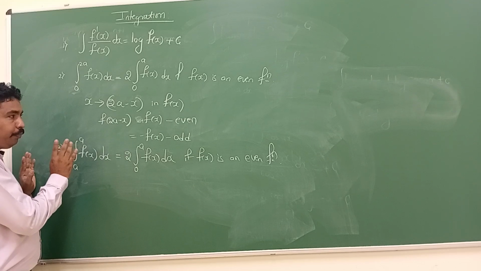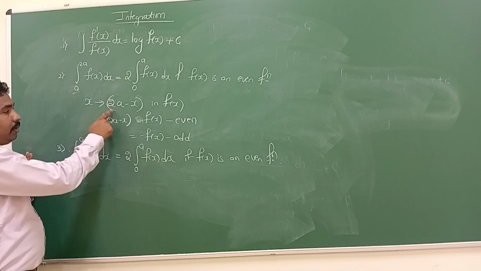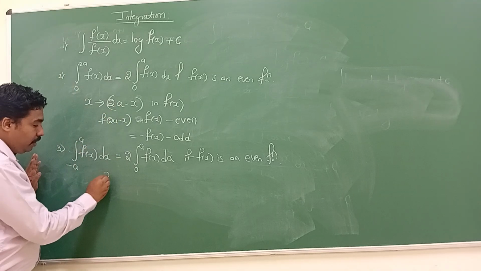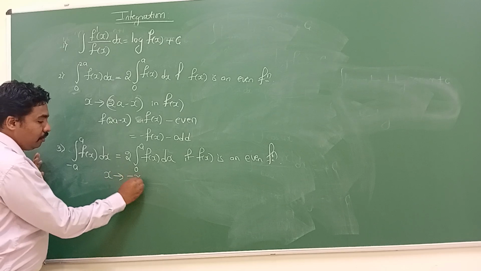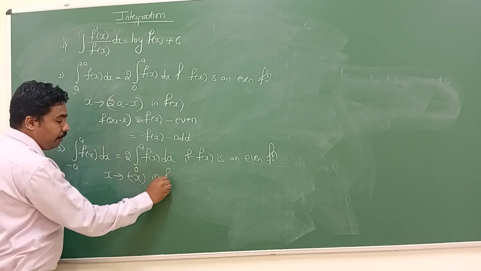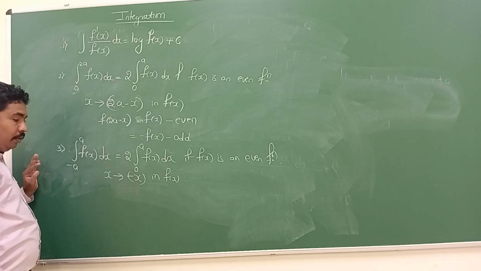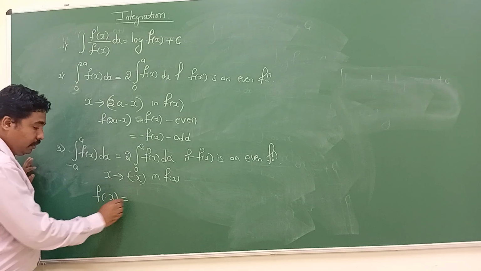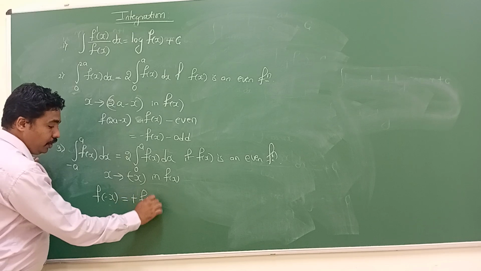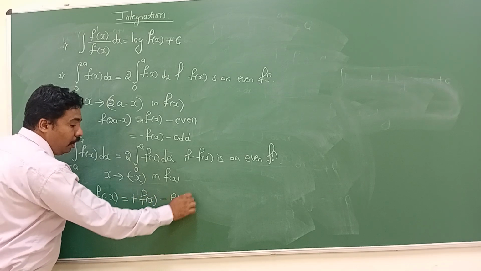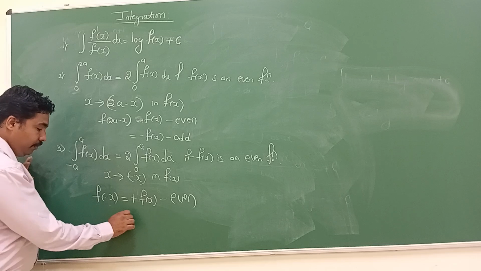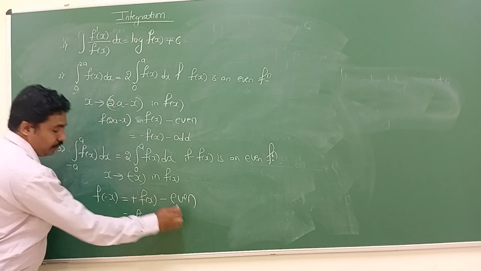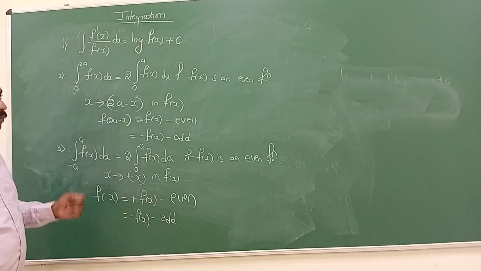There is a change. When it is 0 to 2a, we replace x by 2a minus x. When it is minus a to plus a, we have to replace x by minus x in f of x. If we are getting positive of f of x, then it is called an even function. If we are getting negative of f of x, then it is called an odd function.